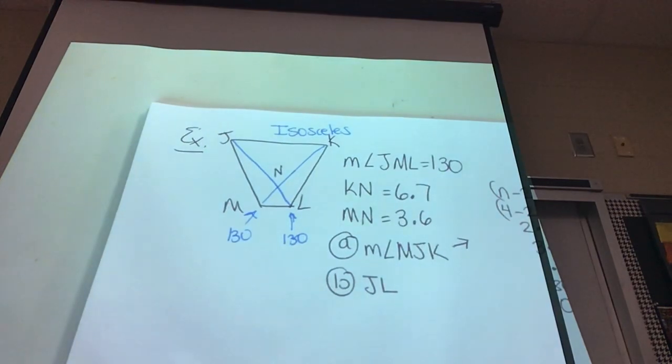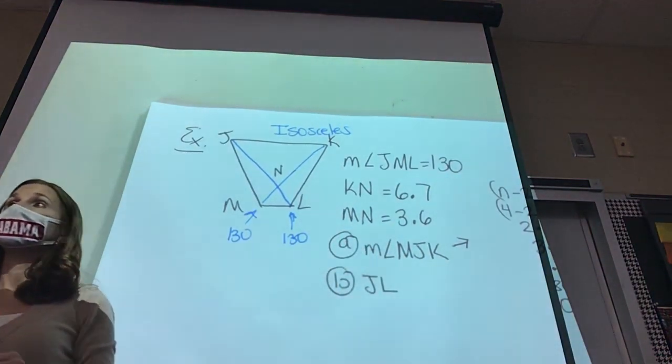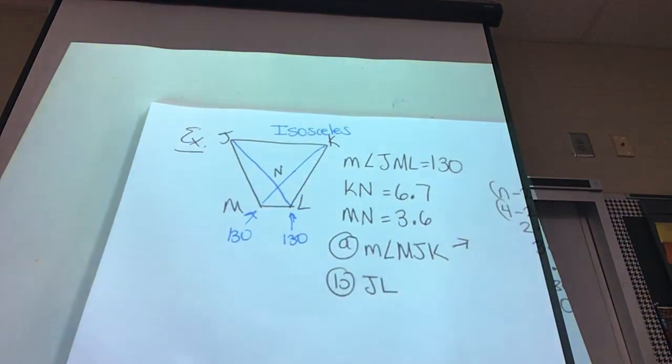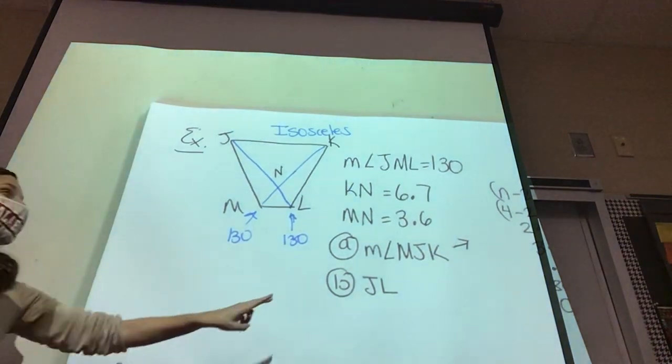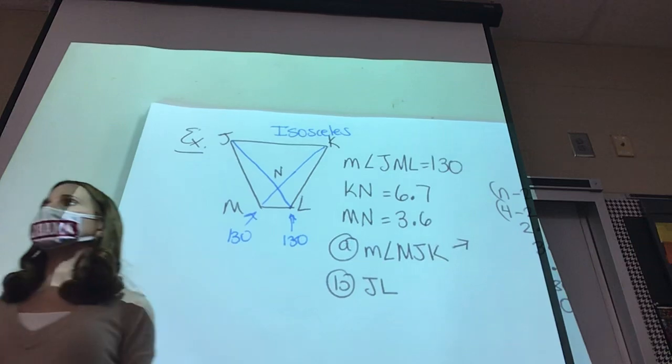Okay? Now, what am I going to do from here? I know these 2 plus I know the total is 360. What can I do? I can add these 2 and subtract it from the 360.